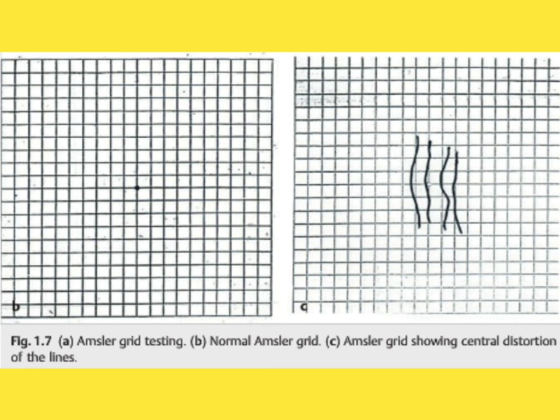It can be continued for 1 month or 2 months, so that you can see the progression of his ARMD, what the current situation is, how he feels, how he sees. You will see that by performing this: give this Amsler grid card to the patient and instruct him to draw every day. And when he comes to you for review at the clinic, which can be 2 months or 1 month depending on the consultant, then you need to see how the progression was. It is like a screening or checking of the progression of his pathology. So at that time you will need to check.